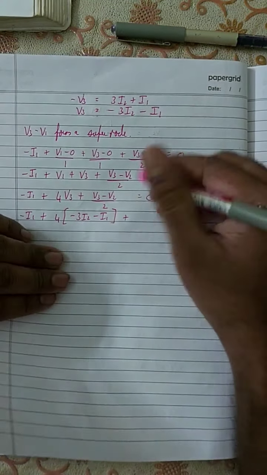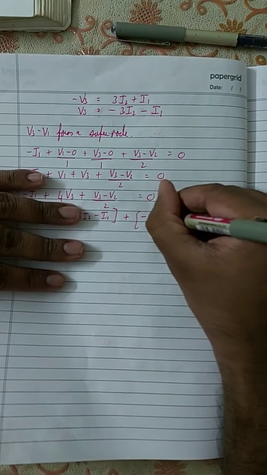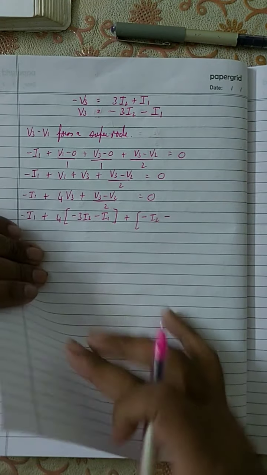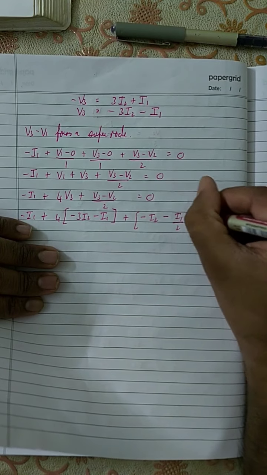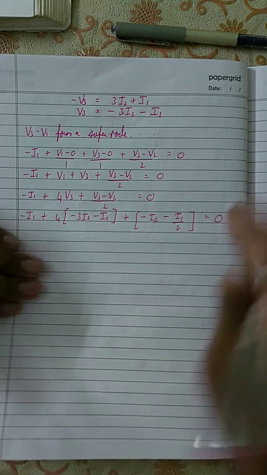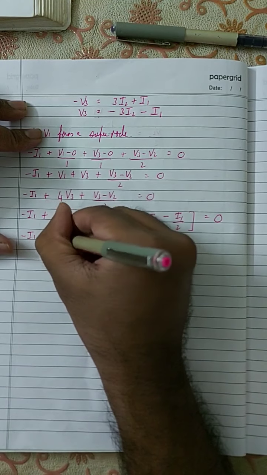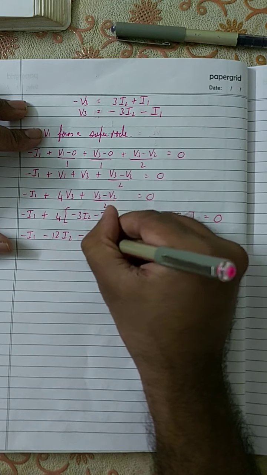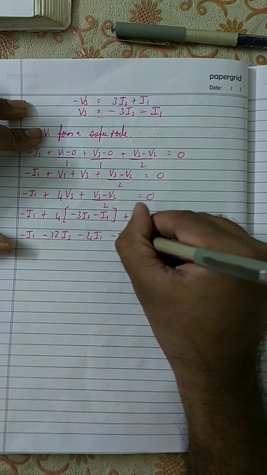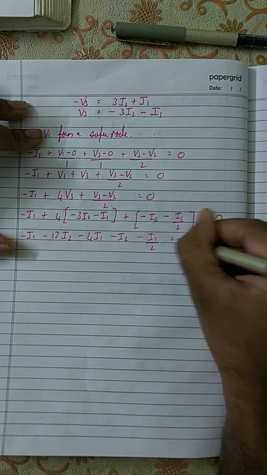So I can write this as minus I2 minus I1/2 is equal to 0. So you have this as minus I1 minus 12I2 minus 4I1 minus I2 minus I1/2 is equal to 0.